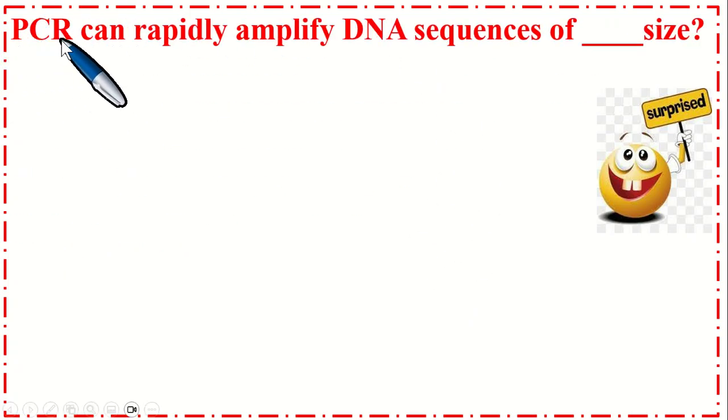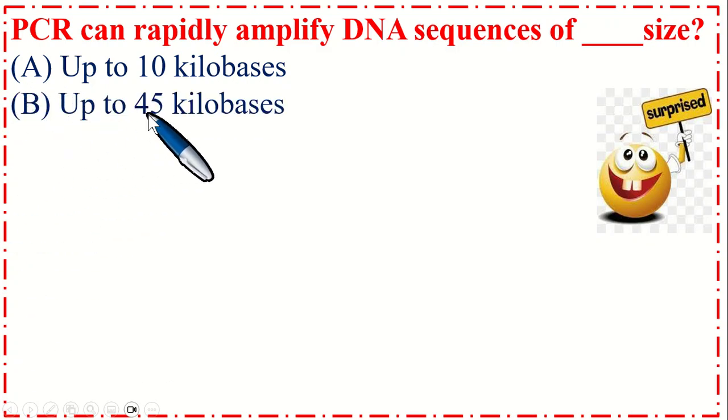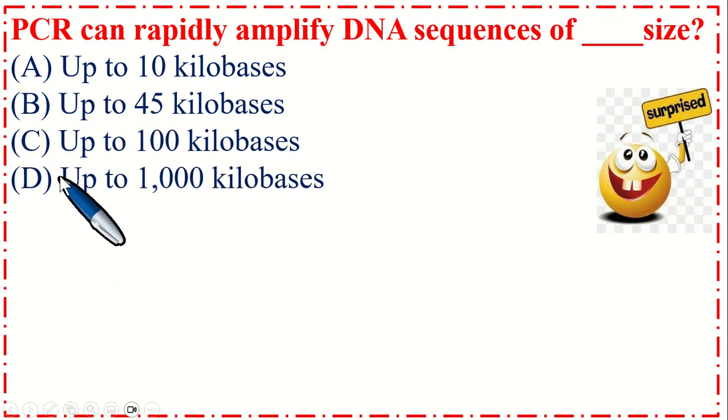PCR, polymerase chain reaction, can rapidly amplify DNA sequences of dash size. Option A, up to 10 kilobases. B, up to 45 kilobases. Option C, up to 100 kilobases. And option D, up to 1000 kilobases.